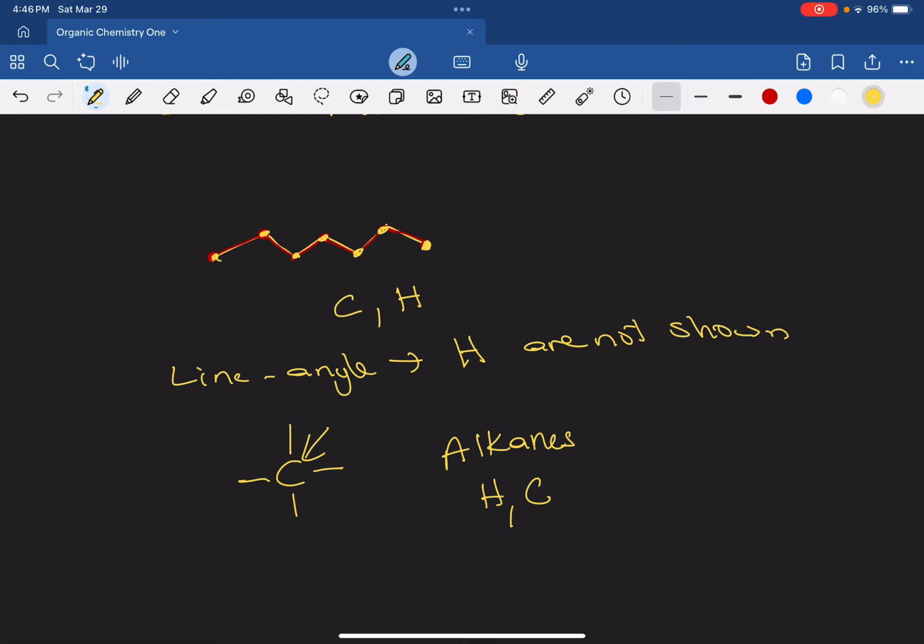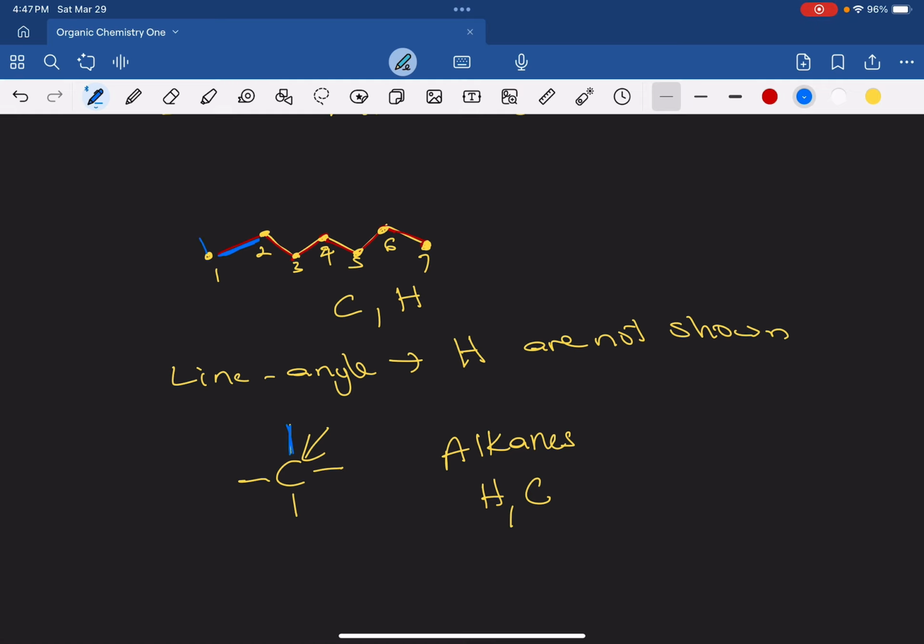So let's talk about it. I'm going to number the carbons 1, 2, 3 so we can talk. On carbon 1, we only see one bond, which I'm highlighting in blue. We only see one bond drawn to that carbon, which means three are missing.